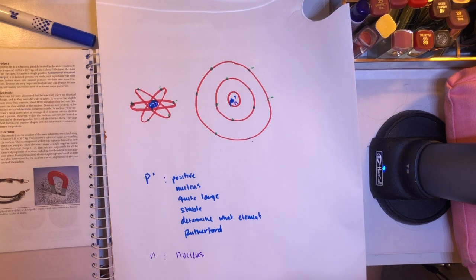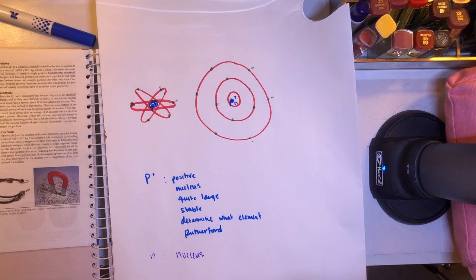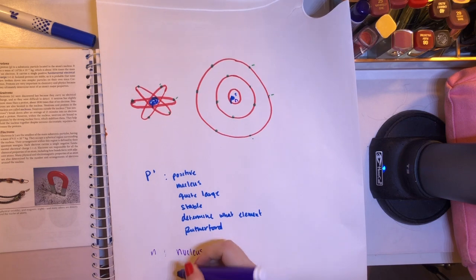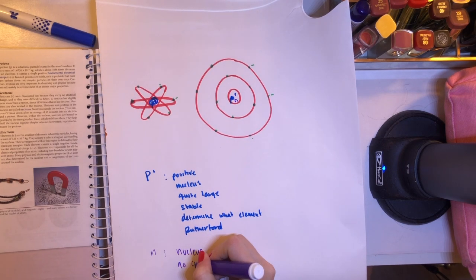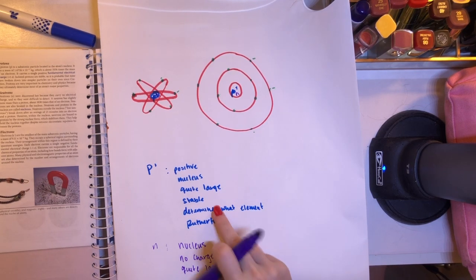So that's how they discovered the neutrons. It's just another subatomic particle that's within the nucleus along with the protons, that has no charge. It's neutral. And they're also big, meaning they weigh more. Not as much as protons, but definitely more than electrons.